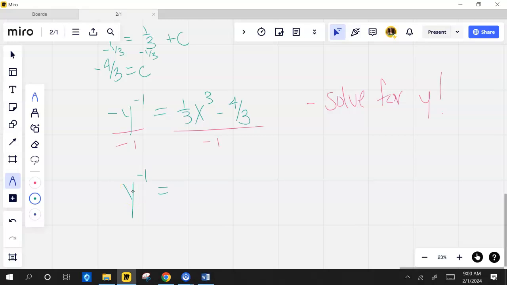I'm gonna switch this order, y'all. Don't freak out on me here. All the signs are changing. So instead of saying negative plus 4/3, I'm gonna say 4/3 minus 1/3.